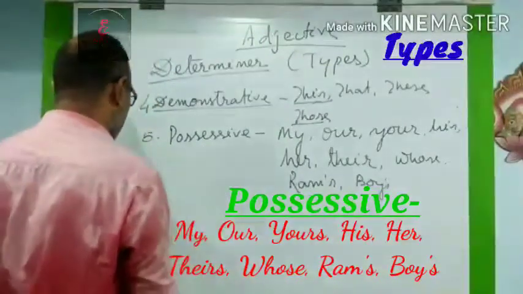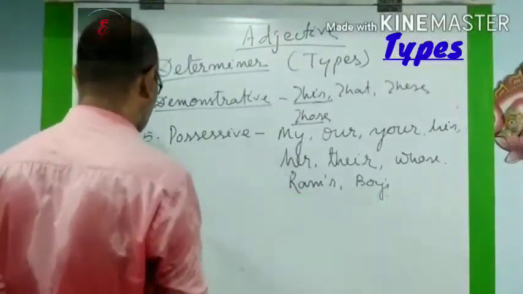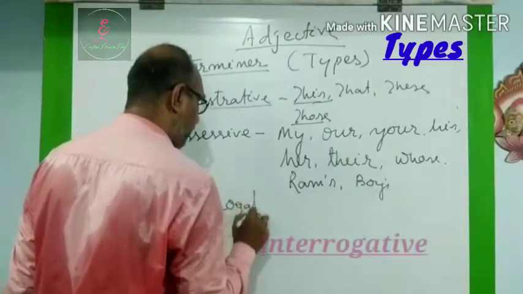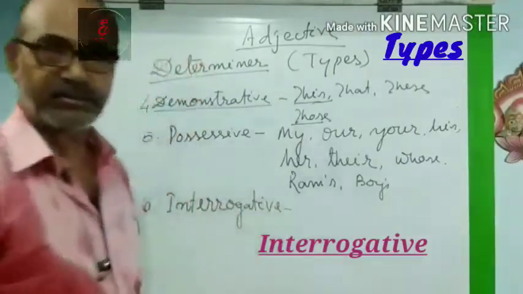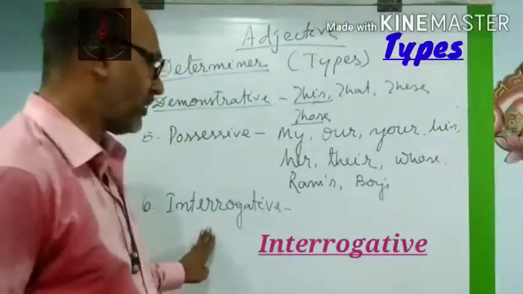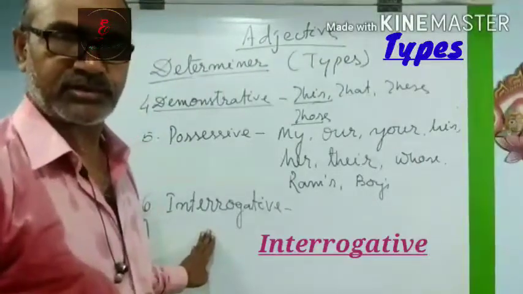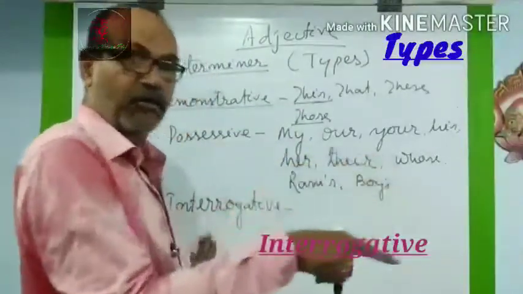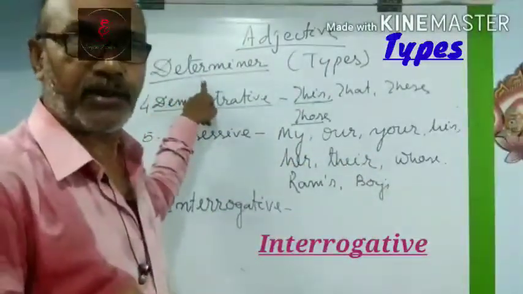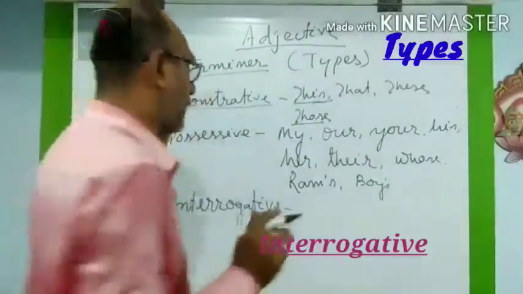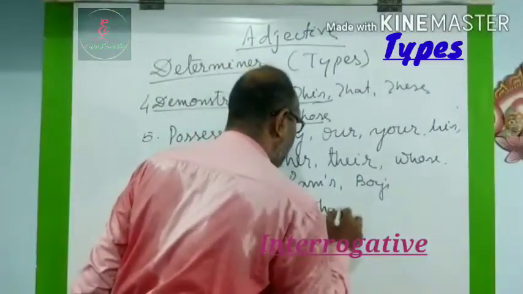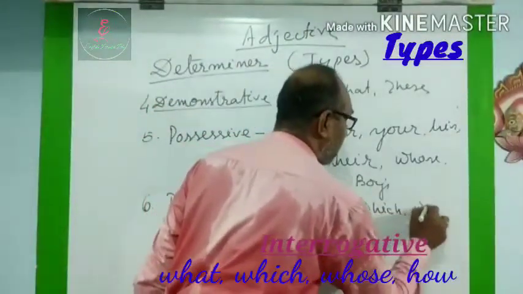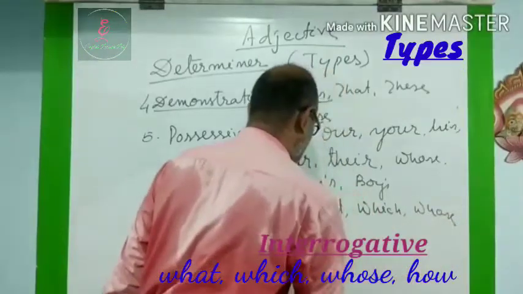Now, the sixth one is the interrogative determiner. Under interrogative determiner, it is WH words. Whenever we use such words before any noun, then only will it be called a determiner. We have to keep that in mind. So here it is: what, which, whose, and how.